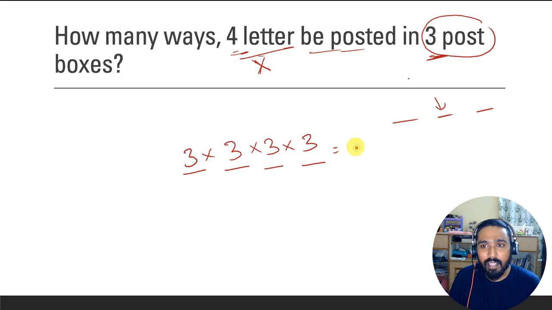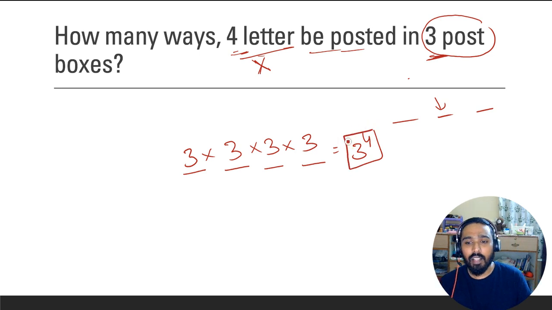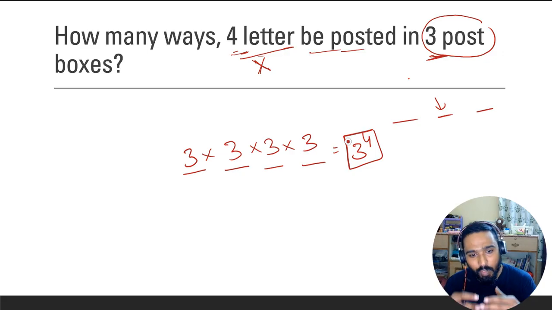So I can say that it is definitely 3 power 4. So here the logic is very simple. Wherever repetition is there, you will understand that there is a repetition, and you have to deal with repetition in that way only. Fine, let's go for the next one.